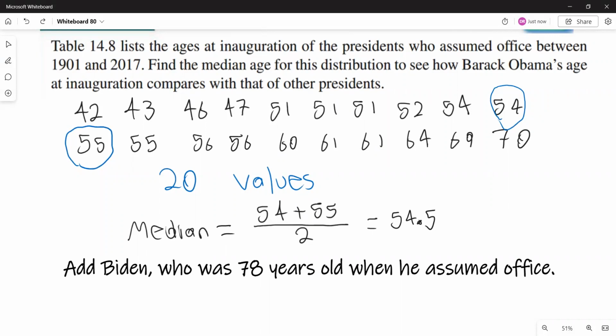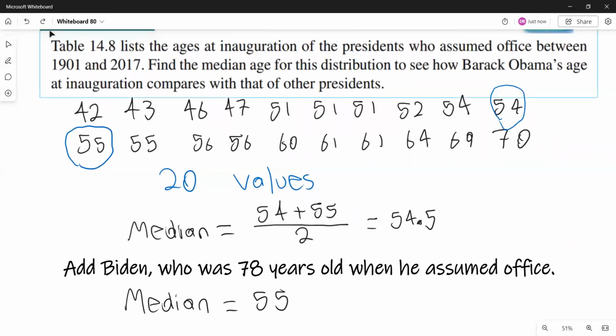Could be an outlier, but I haven't done the computations. So the median, if we include Biden, is 55. Just pick the middle value, and that's going to be the median. Yeah, if we add Joe Biden, the median is going to be 55.